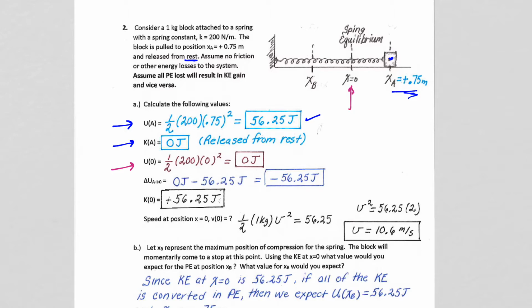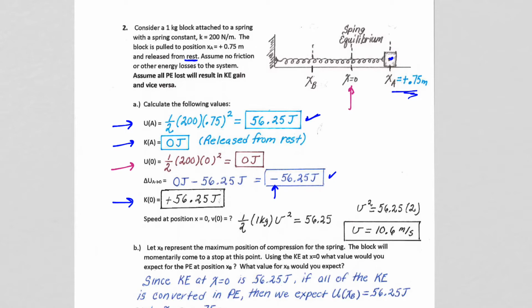All of that potential energy that we initially started with, the 56.25, is converted into kinetic energy. So we've lost, the negative is lost, the 56.25 of potential energy, but we have gained it as kinetic energy. So that's how this game of energy conversion is played between our potential energy and kinetic energy values.